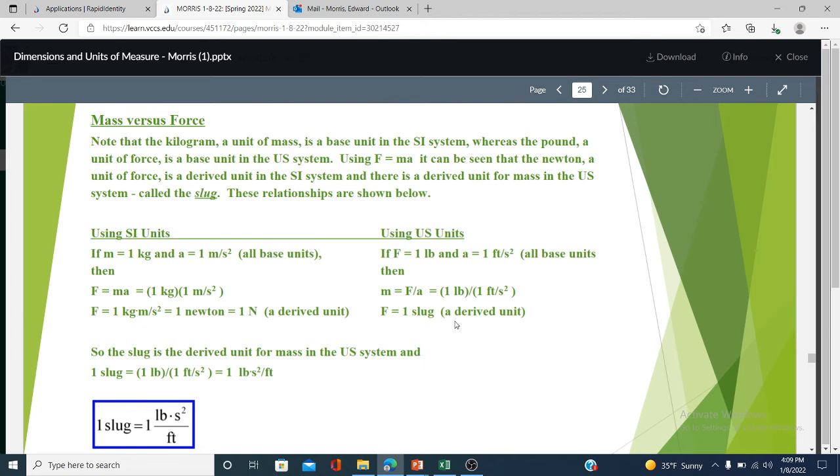Now, in the SI system, mass is in kilograms, but in the English system, mass is in slugs. So we don't use kilograms in the English system, obviously. We use slug. This is what a slug is defined as: 1 pound times second squared divided by feet.